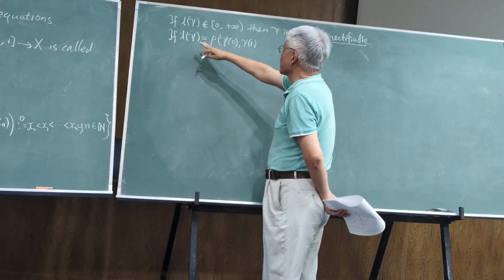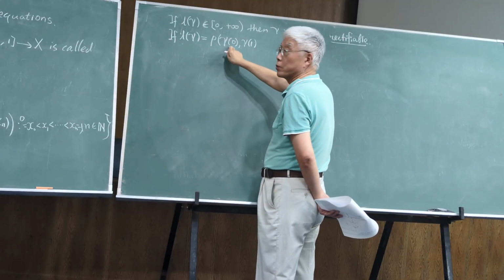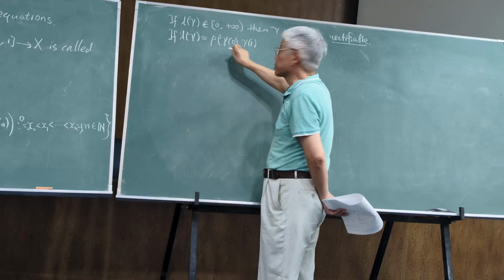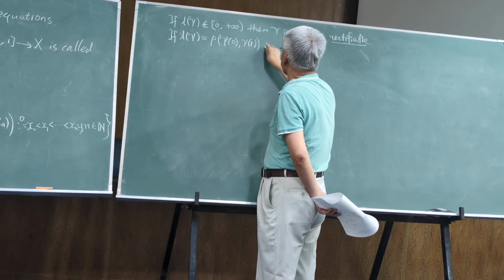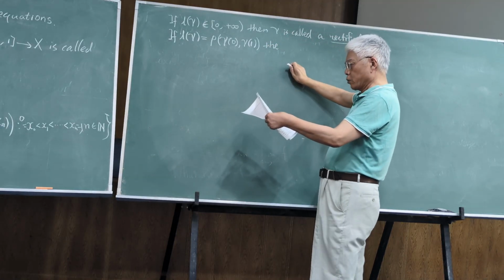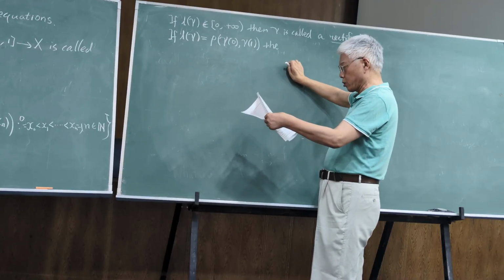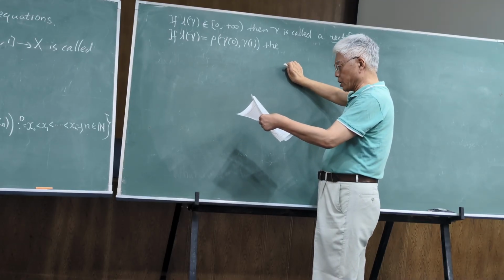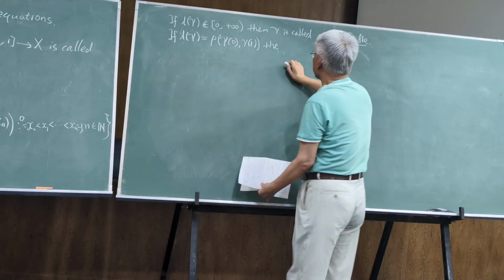If the length of the gamma is equal to the distance between its initial point and the terminal point, then gamma is called a geodesic. This is the definition of a geodesic. We didn't use any differential geometry.